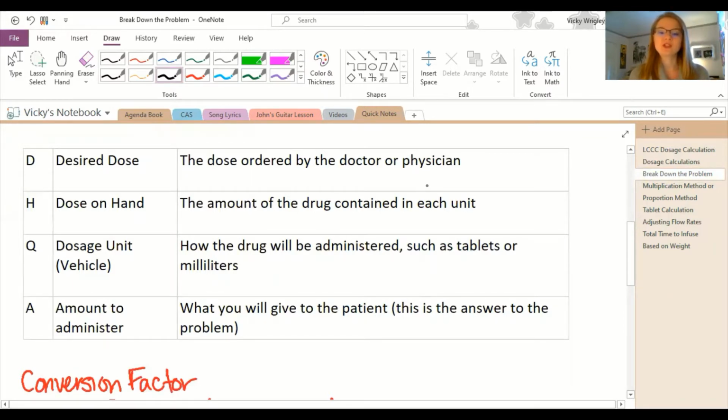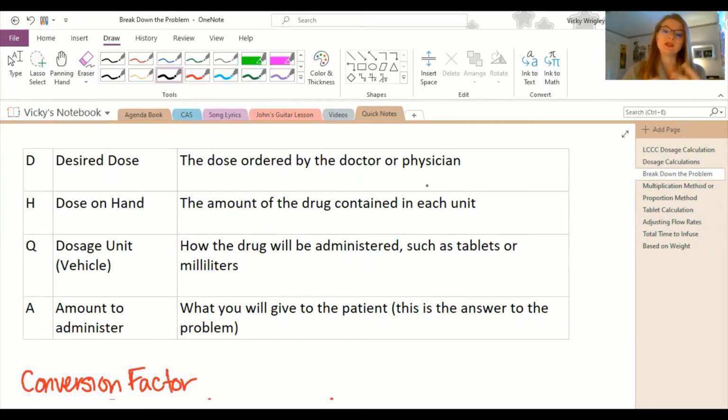Next, we have the dose on hand. This is the amount of drug contained in each unit. The dose on hand and the dosage unit go together, and I'll explain that a little bit later as well. So the dosage unit is how the drug will be administered, tablets, milliliters, etc. How are we getting the drug into the patient?